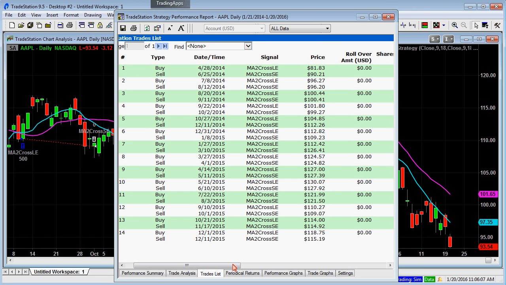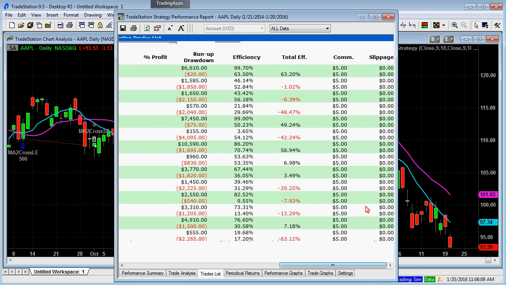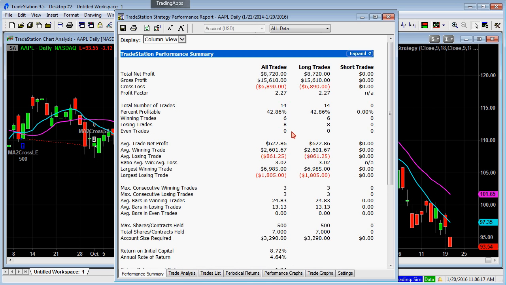See, my performance report recalculates, and when I scroll here to the right-hand side, now my commission is $5. A penny per share is recalculated and it's taken into account. When I go to my performance summary, it did, of course, significantly better because we increased the trade size. Before we were trading 100 shares, now we're trading 500. So in a profitable performance report, of course, that increases our profits. Okay.